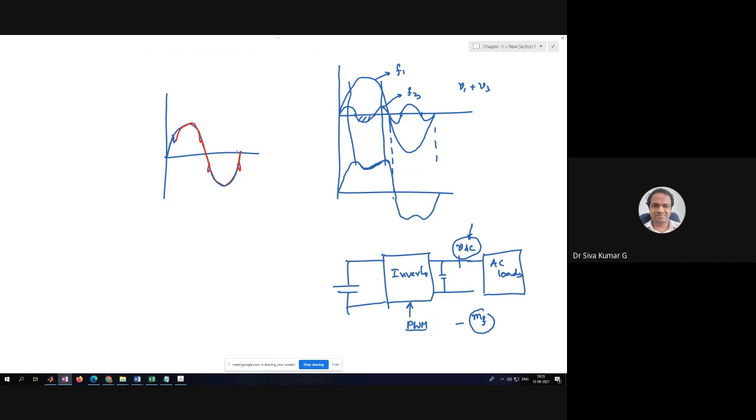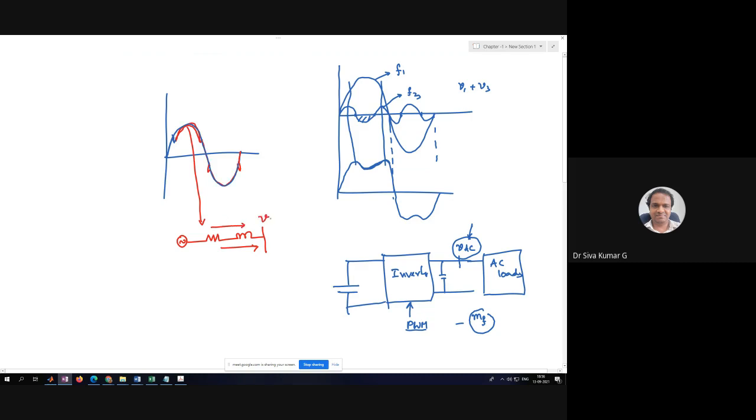The reason we have notches in the voltage is that once you allow the current, which has this kind of notching, to flow over here, it is going to drop over here, the notching current also.